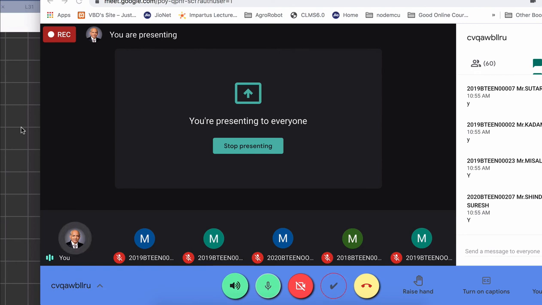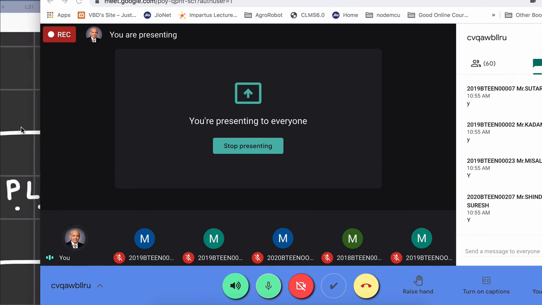While writing, every time write phase locked. Do not forget this. Many times students write phase lock loop. This is wrong. Phase locked loop is correct.